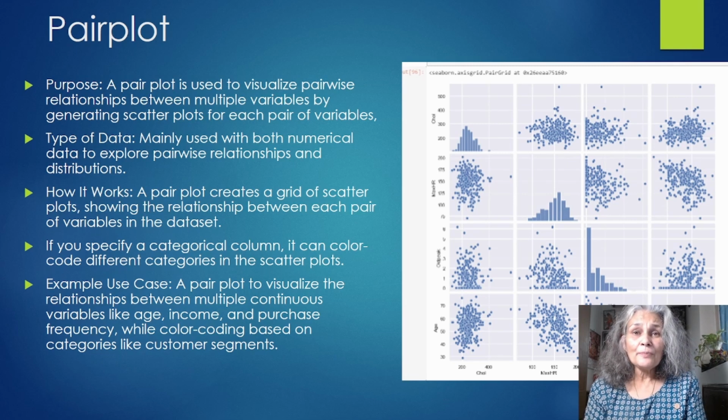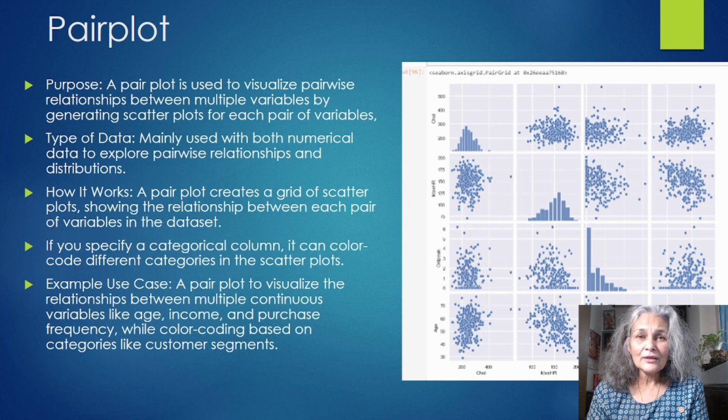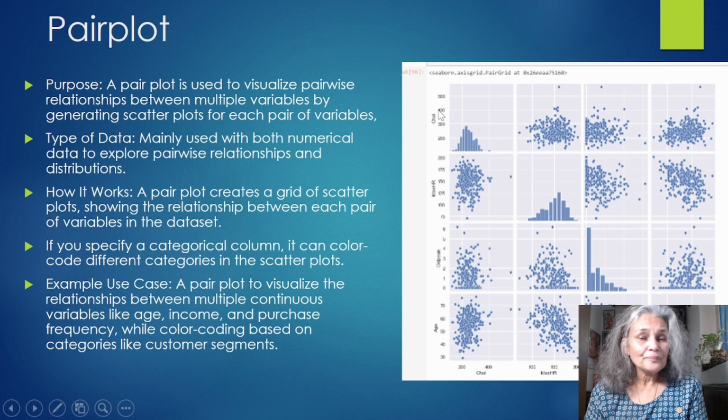Now there is a plot called a pairplot, which is very popular amongst data scientists. I personally feel it's a little overrated. Again, it's similar in concept to a heat map. However, instead of actually calculating the correlation coefficients, it essentially plots the scatter between all the different continuous variables and presents it as a matrix.